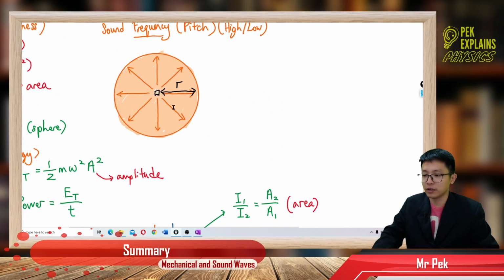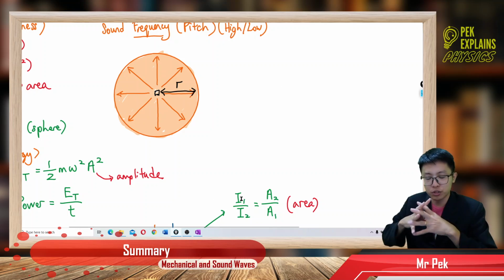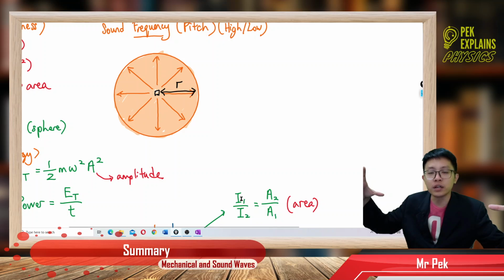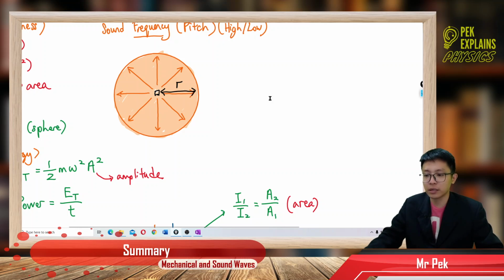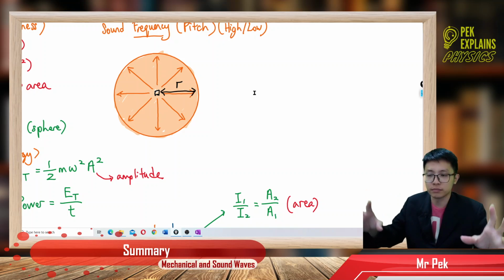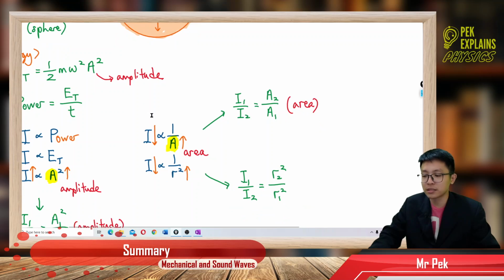If you are further away from the sound source, the sound energy has distributed to a bigger sphere area. So the bigger the area, the lower the intensity you hear, because the energy is already distributed. The bigger the area, the lower the intensity.